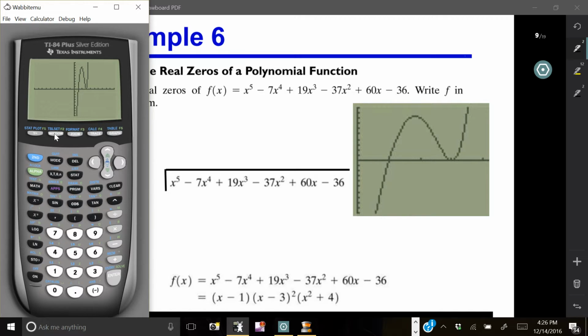So let's change the window from x min equals 0 to x max equals 4, and let's just leave y at minus 10 to plus 10.